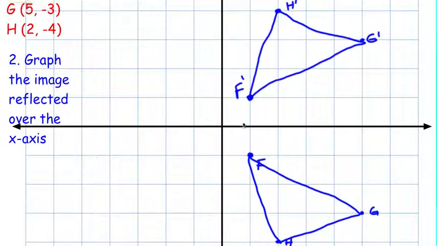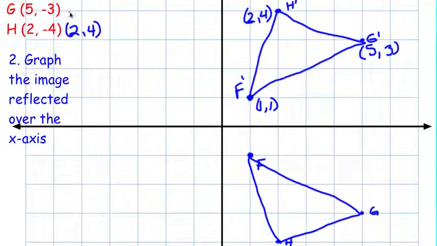And then I could find these coordinates. This coordinate here would be 1, 1. This coordinate is 5, 3. And this coordinate would be 2, 4. Again, if I put them over here to compare them, I'd have 2, 4, 5, 3, and 1, 1.